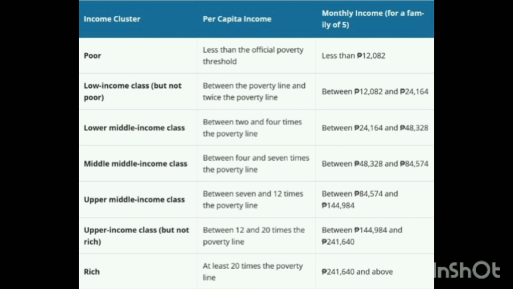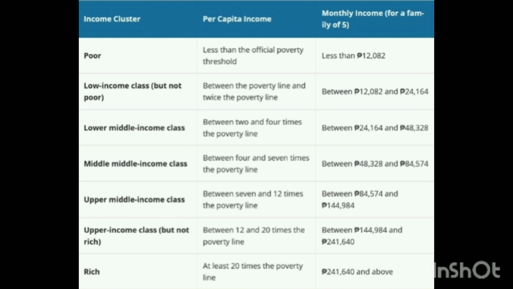Per capita income is at least 20 times the poverty line, and monthly income for a family of 5 is 241,000 pesos and above. There are 300,000 Filipinos who have that monthly income for a family of 5. This is very rare, because this is the only number of Filipinos who have a monthly income of this kind of amount.